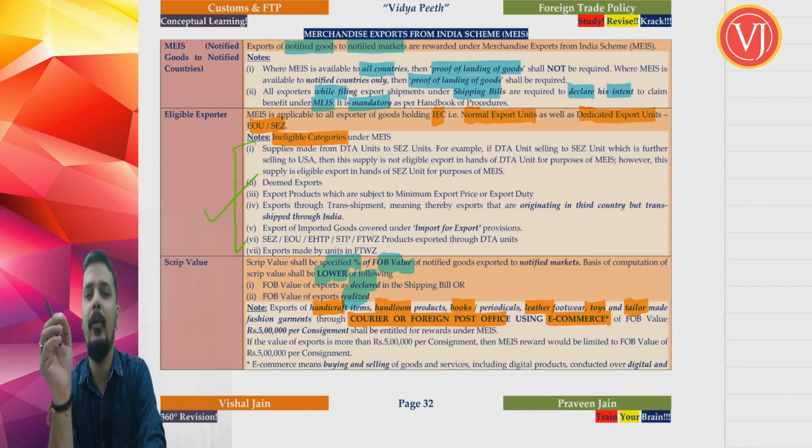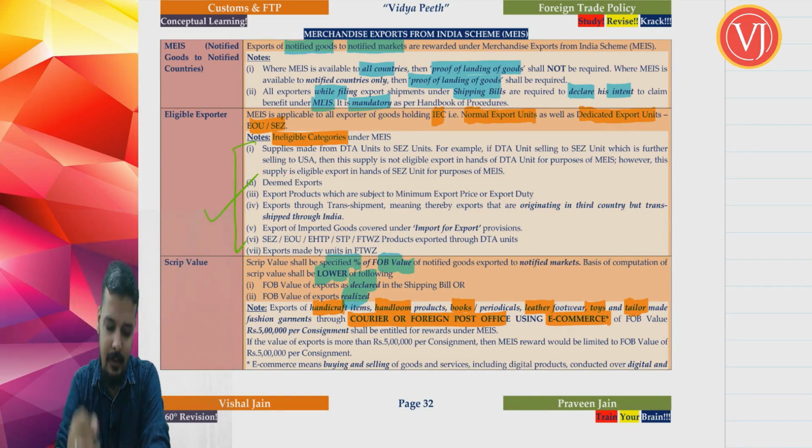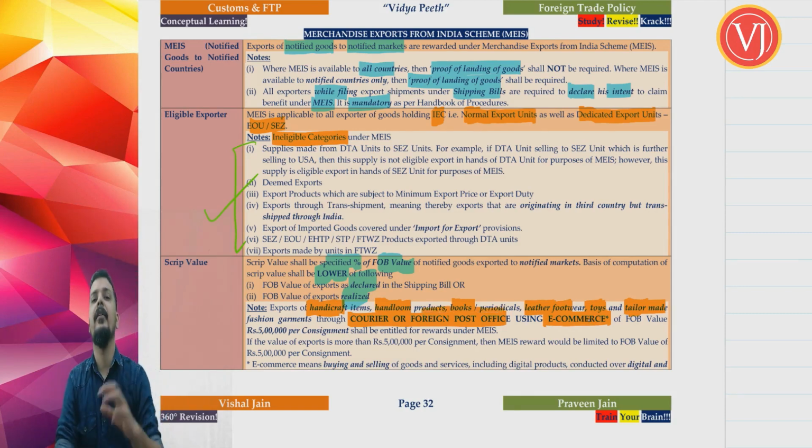So when you are exporting selected items, not all items, handicraft items, handloom items, books, periodicals, leather footwears, toys, tailor-made fashion garments through courier or foreign post office using electronic commerce, then the limit that you have to consider is 5 lakh per consignment.